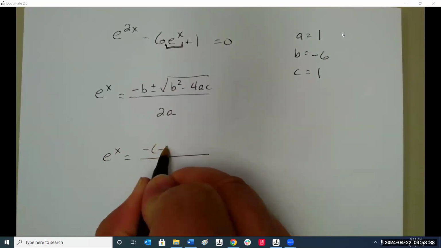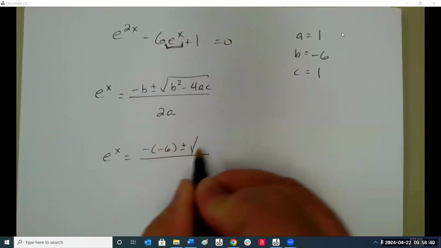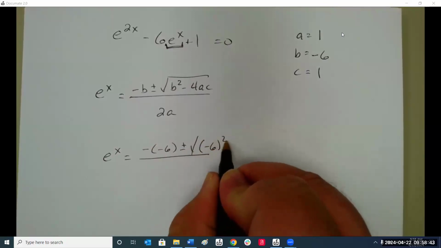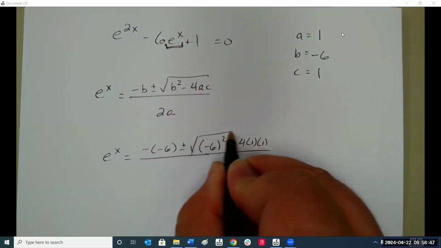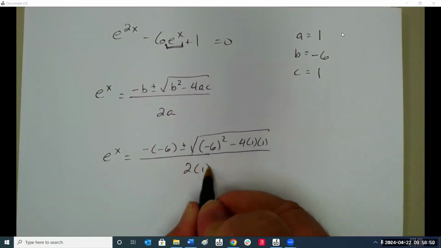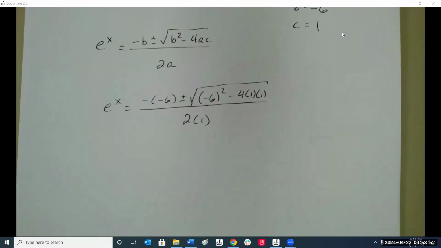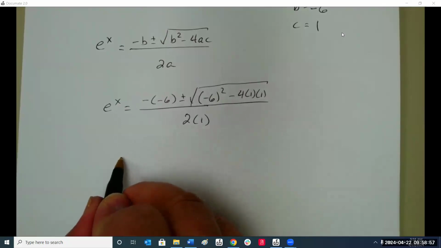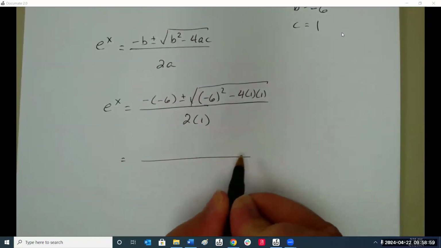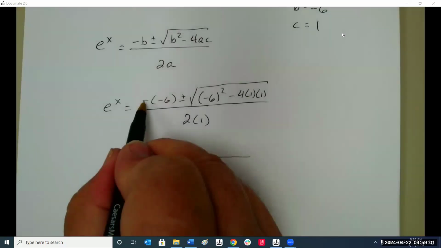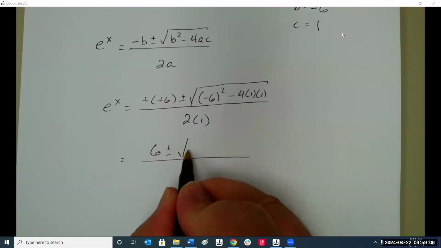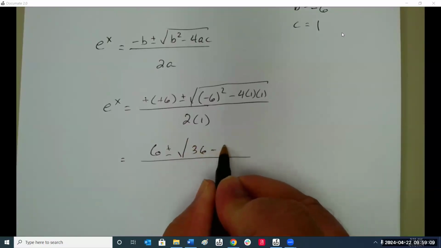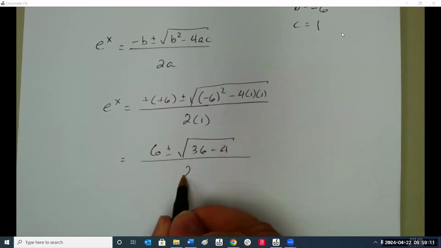So just plug those in there now. We get negative of negative 6 plus or minus the square root of negative 6 squared minus 4 times 1 times 1, over 2 times 1. Negatives cancel. 36 minus 4 over 2.